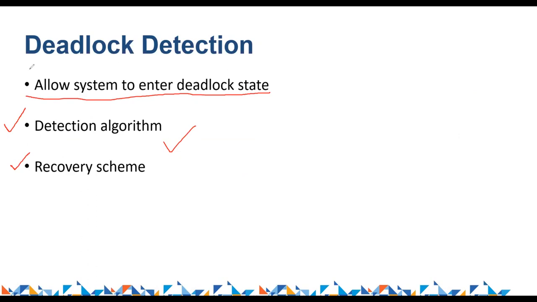Allow system doesn't mean that we intentionally allow them to enter a deadlock situation. It means that the situation will allow the system to go into a deadlock. Why? Maybe the system will be in an unsafe state. That unsafe state will allow the system to enter a deadlock situation, and then the deadlock detection algorithm will detect that. If found, then recover.